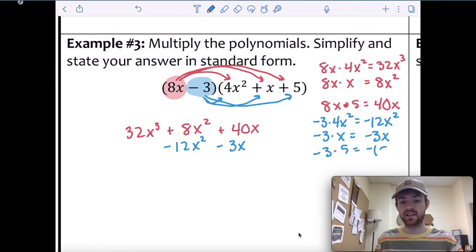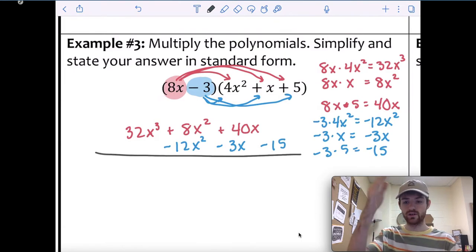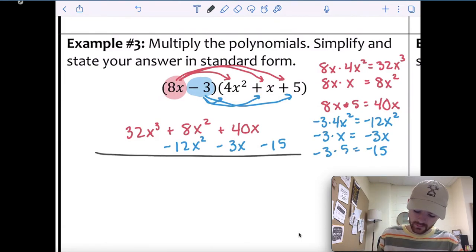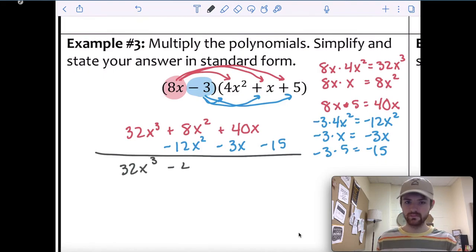Since there's nothing to stack it under, I'll just write it off to the side. Now I will add my columns. 32x to the third minus 4x squared plus 37x minus 15.